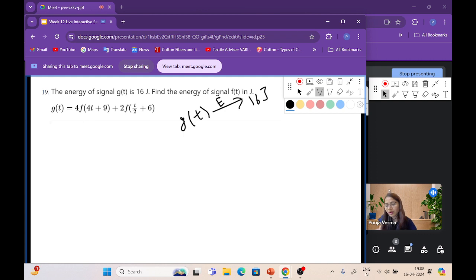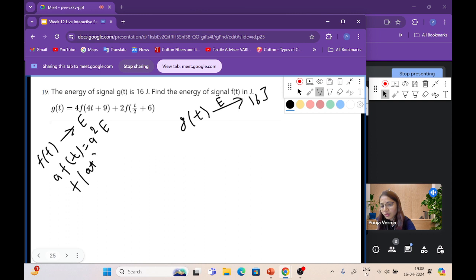We have already discussed that if the energy of the signal f(t) is E, then the energy of the signal a f(t) is a square E, right? And the energy of signal f(at) is E by a, by the property of the energy signal from the first week video lectures. From there we can find out.